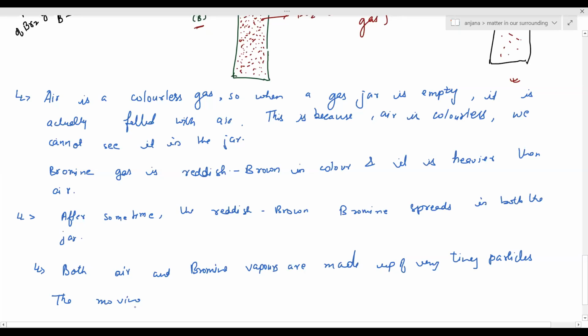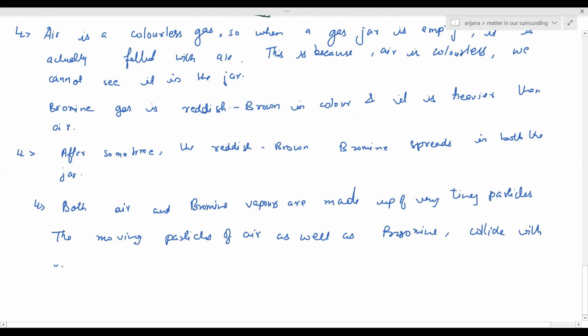The moving particles of air as well as bromine collide with each other, and they are moving almost in all directions.